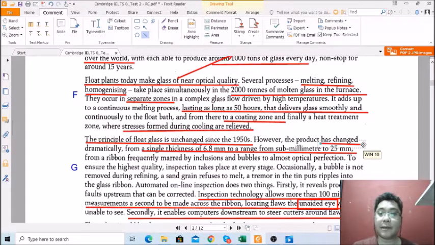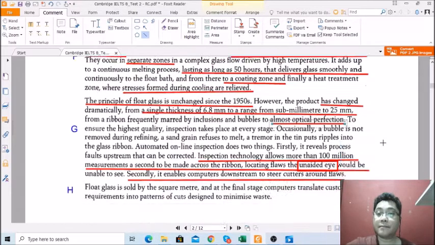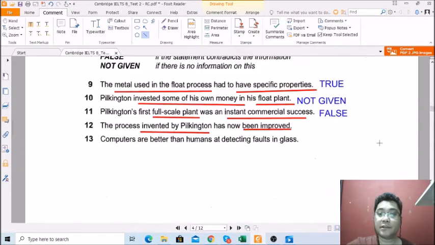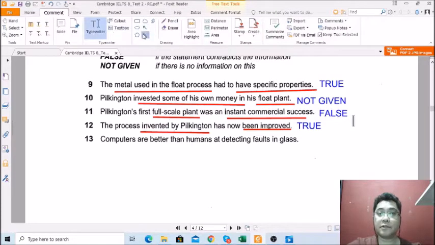And it says it has changed dramatically. And here you can see that from a single thickness to a range. So there is something more. And it says optical perfection. Perfection is an improvement. So that's in line. And therefore, the answer is true. The process invented by Pilkington has now been improved. True. Because now it can do more range and more optical perfection.